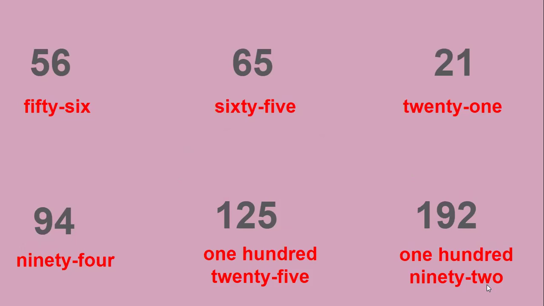Okay, perfect. So that's how we say these big numbers, which are from 10 to infinity. Now we can say them, so we can move to the next part. And the next part, of course, is the last part of this unit.